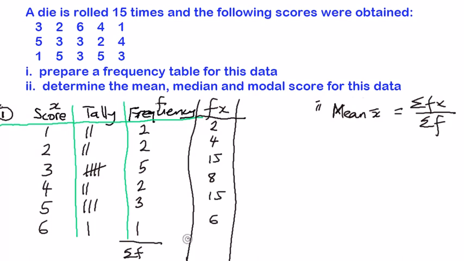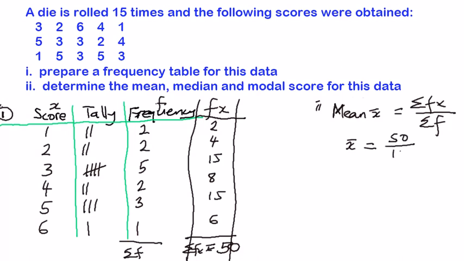Then we add everything together, because that will give us the summation fx. When we add everything together, what do you get? 50.